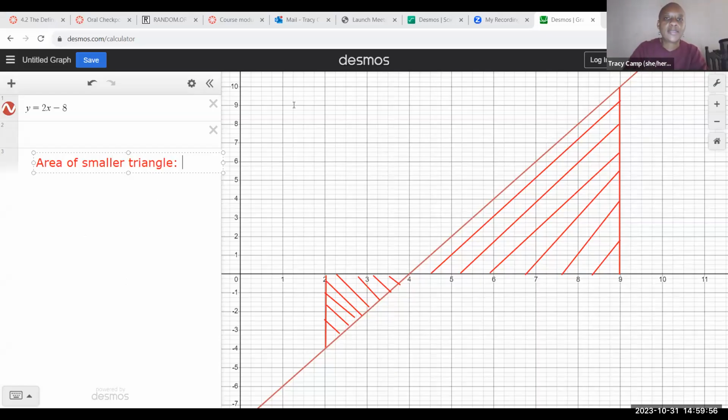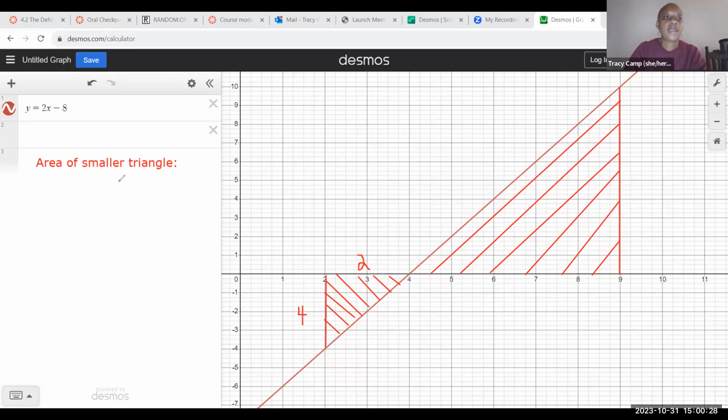Looking at this, the base of the smaller triangle is 2. It goes from 2 to 4. And then the height of the smaller triangle goes down to -4, so the height is 4.